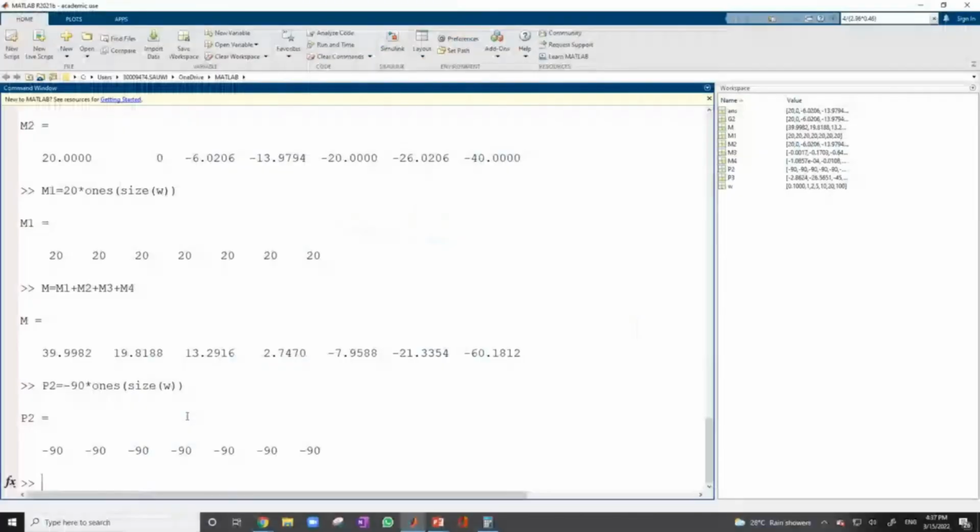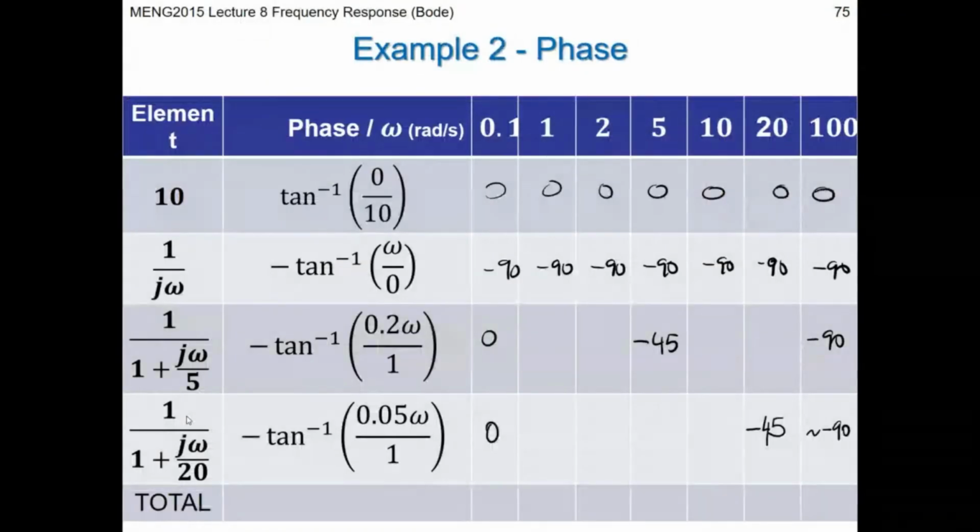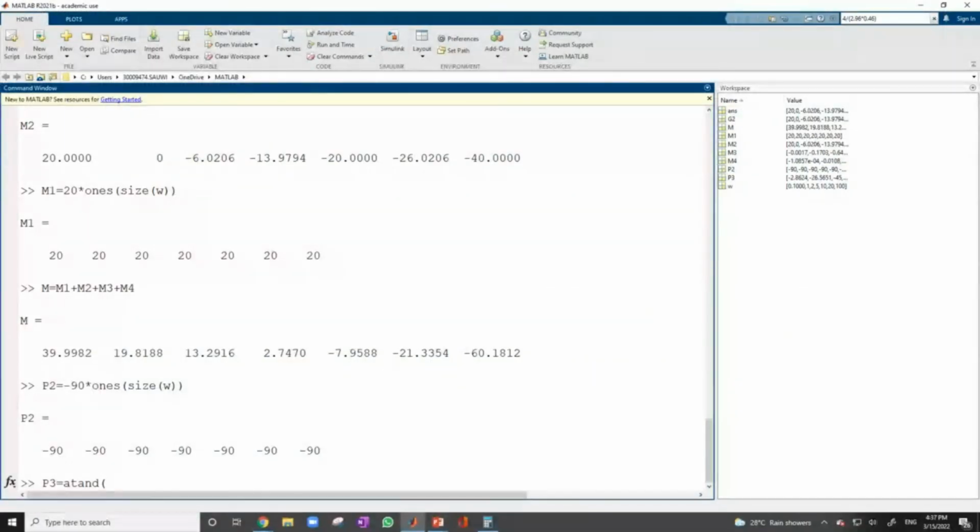My P3 equals, let me do A tan B. I'm going to do it in the full format, which is taking the angle of, or the argument, the phase of the numerator over the phase of the denominator. So the numerator is 0. It may throw an error here actually, so I think it might not like that, but let's see if it works.